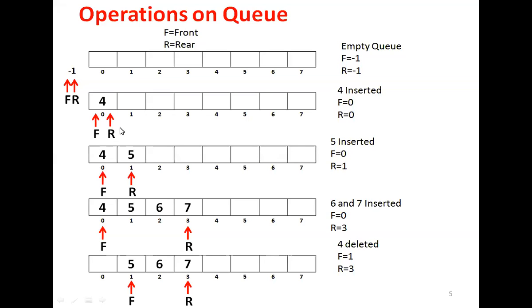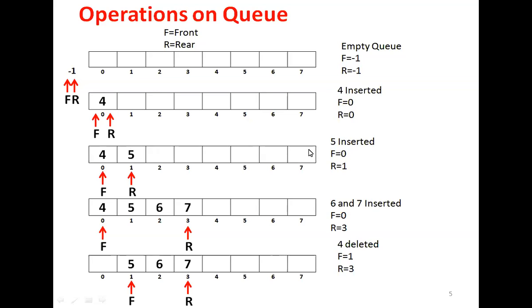Only the first time, whenever the queue is empty, after the insertion operation the front will be incremented and it will point to the first element. After that, if you are inserting data items to the queue, only the rear will be incremented, front will not be incremented. So here you can see I inserted 4, so rear is 0 and front is also 0 because I incremented front.